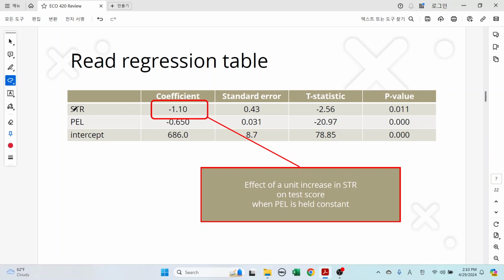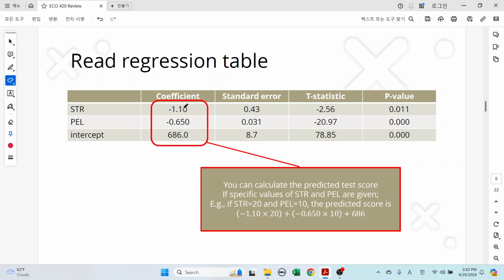This means one unit increase in the student to teacher ratio decreases the outcome, which is the test score, by 1.1, because it's minus. But that means when percentage of English learners is held constant. So everything else being the same, if the student to teacher ratio increases, test score will decrease by this much. That is the direct interpretation of this number.